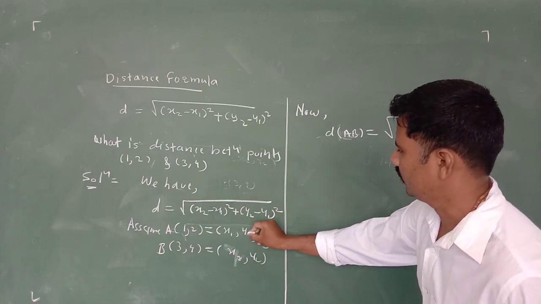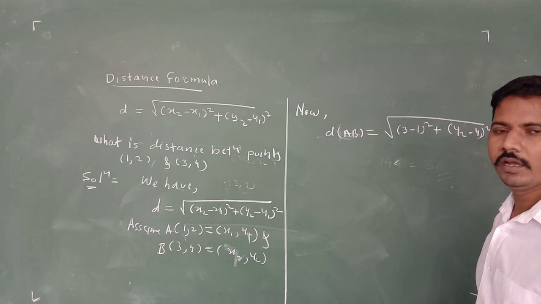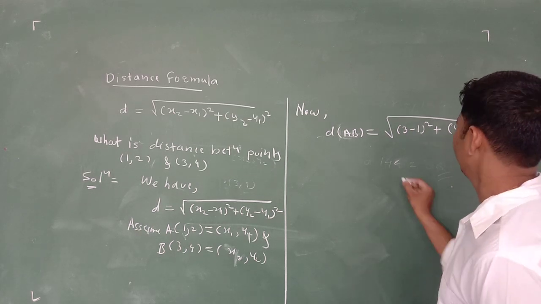Sorry, here y1 is there. y2 minus y1 bracket square. I hope you are able to listen to me.